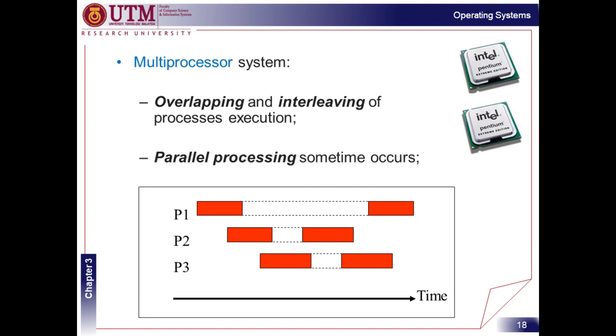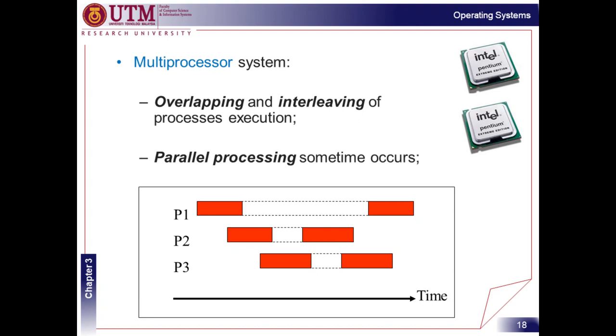We can observe that the two processors exhibit two distinct behaviors. Firstly, P1, P2, and P3 overlap and interleave with each other. This means that they are not executed continuously but switch between processors at certain points.